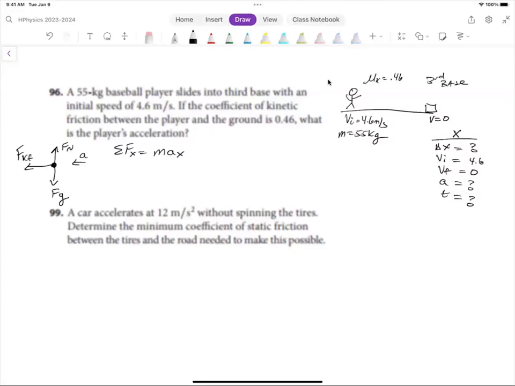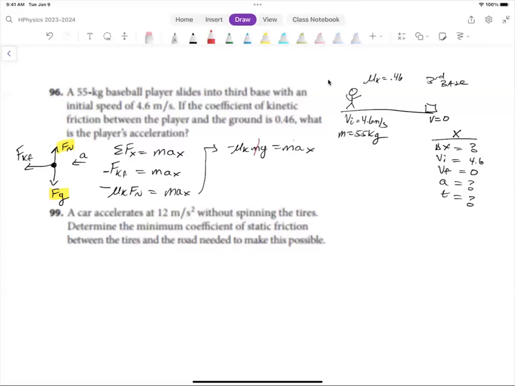I only have one force, kinetic friction, and it's to the left, so it's negative. What's the equation for force of kinetic friction? Mu k times force normal equals ma x. Just in this case, force normal equals force of gravity. So I can say negative mu k mg equals ma x.